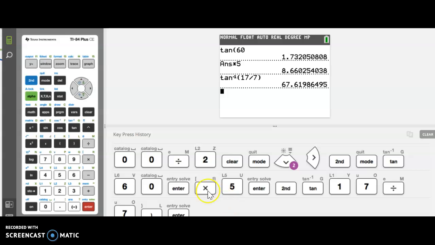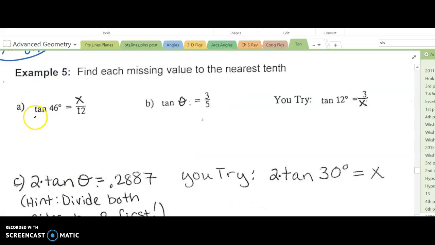So you're just going to go to your calculator and enter tan 46. And so 1.0355 is what that is. Again, I'm going to do dot, dot, dot to show that there's more decimals, but I'm just too lazy to write them all because we don't actually want to round all those decimals. We never round intermediate values.